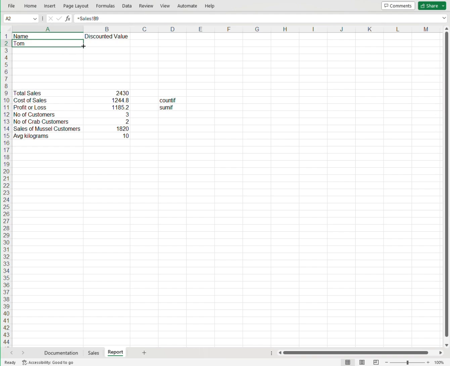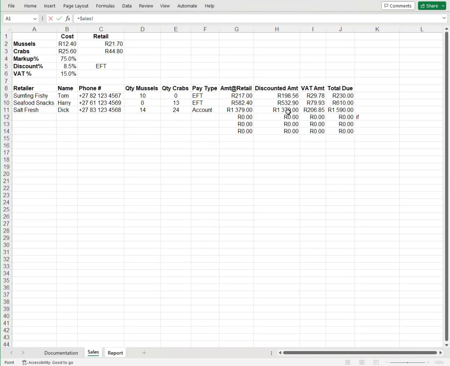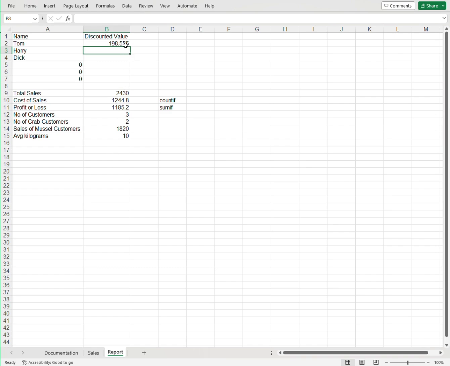Here I was looking for the discounted value. Yeah, so you will format it on your own. This is what I was trying to help you with here. I wanted you guys to understand because I've been getting questions.